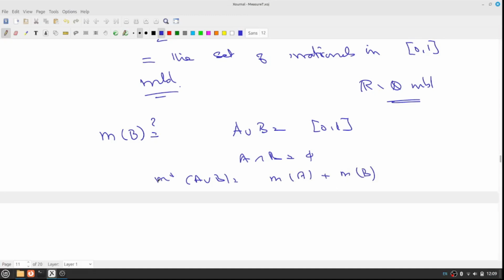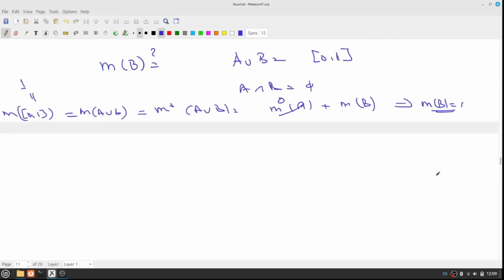Since A union B is measurable, this is the same as m of A union B, which is m of [0, 1]. The outer measure of an interval is its length, therefore it's 1. But I know m of A is 0, therefore I conclude m of B is 1. So pause, review, proceed.